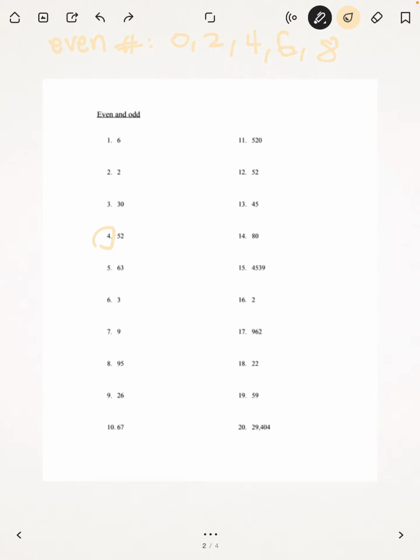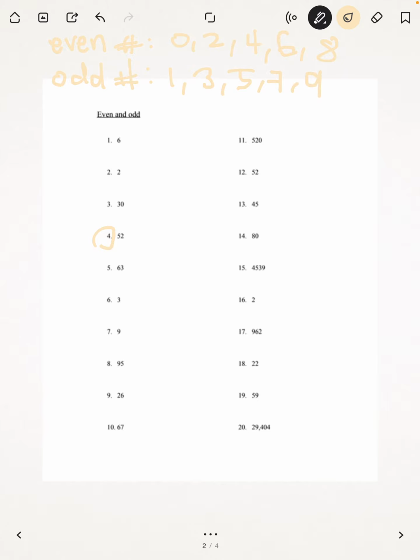If any of these numbers are in the number, it's an even number. And an odd number is any number with 1, 3, 5, 7, or 9.